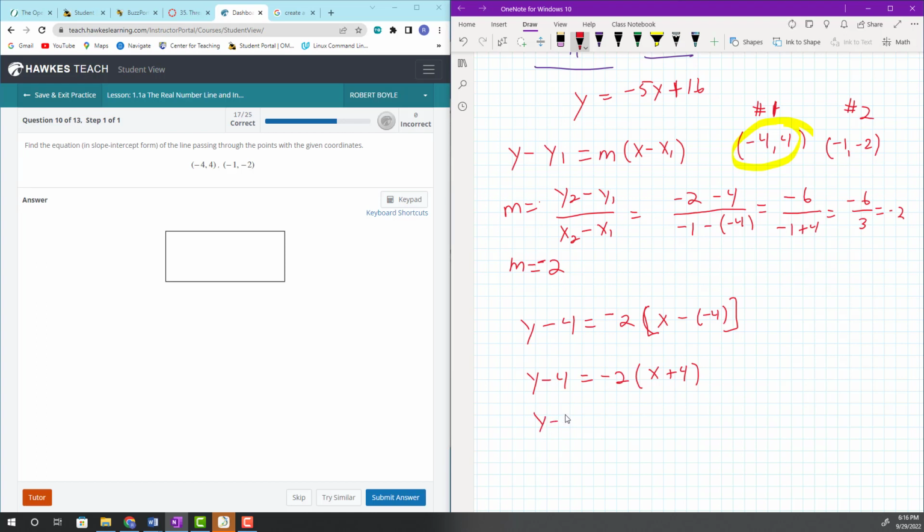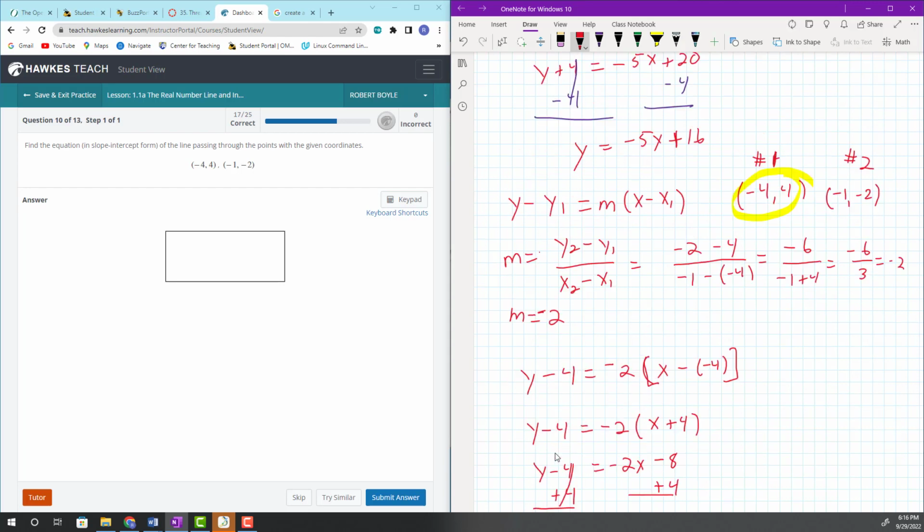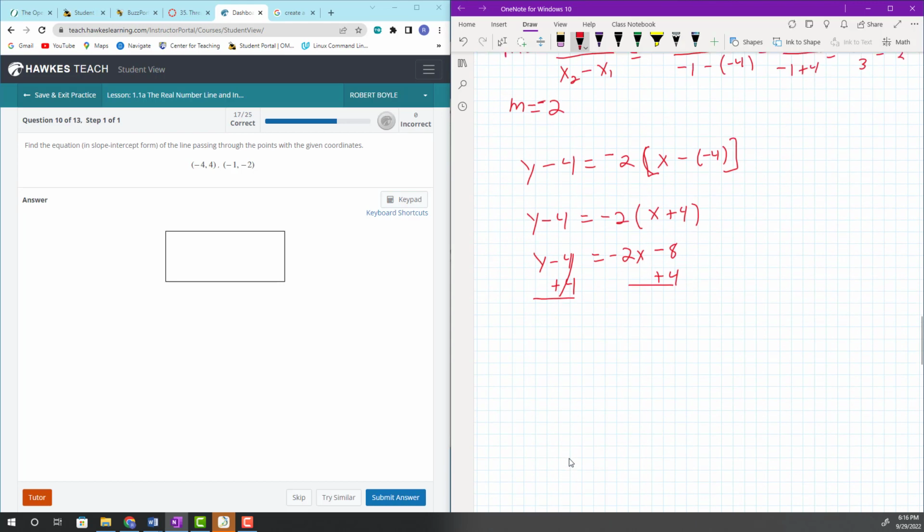Distributing, we will have y minus 4 is equal to negative 2 times x plus negative 2 times 4, which is negative 8. I want to add 4 to both sides of the equation to isolate y. These will cancel.